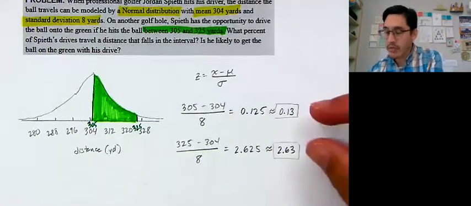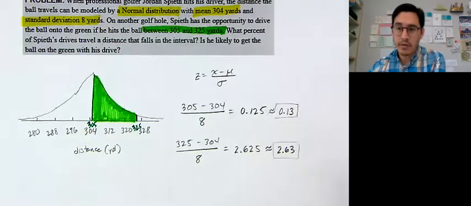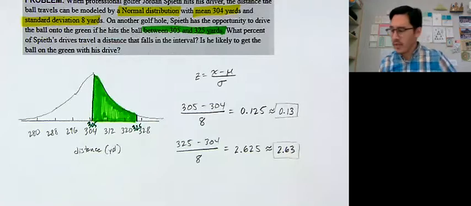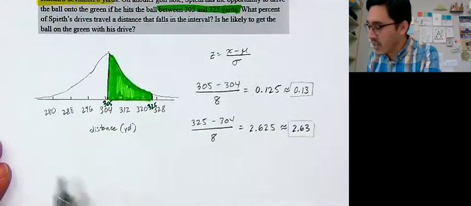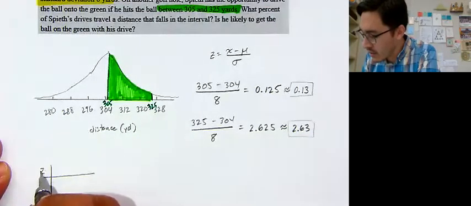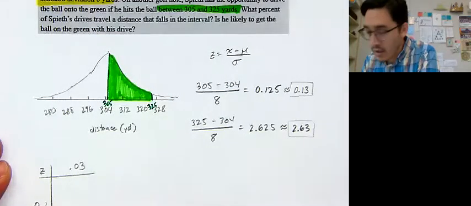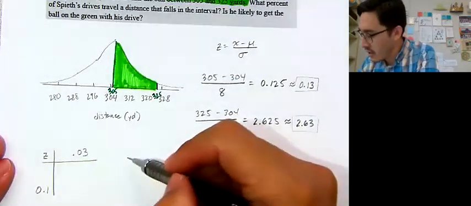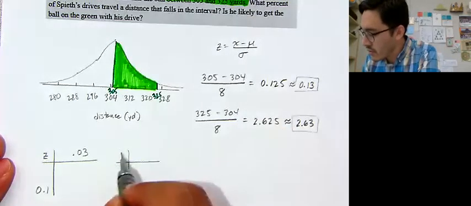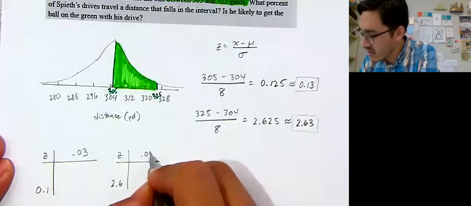All right, so now we've got 2 z-scores. We're going to have to look each of these z-scores up in the table. I'll just sketch what I'm doing here. We're going to look up the z-score of 0.13, and then we'll also look up the z-score 2.63.